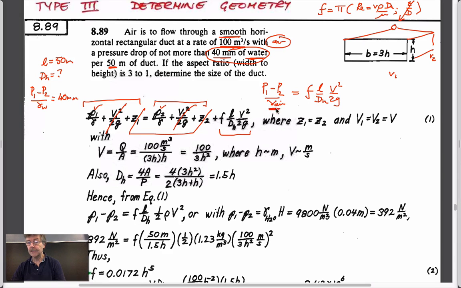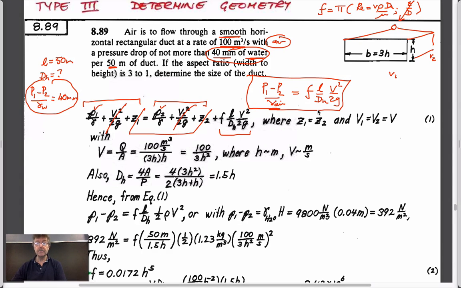This is the pressure drop that we're measuring relative to the pressure drop in a length in air. This is how it's defined in the problem as a function of water. So we just need to be able to swap them out. I guess, of course, you could multiply this by gamma air over gamma air, and you'd get the relationship. And so this is the expression that we're going to have to solve for.